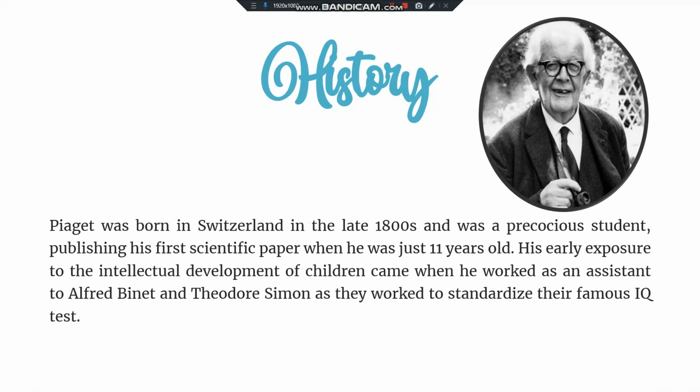His early exposure to the intellectual development of children came when he worked as an assistant to Alfred Binet and Theodore Simon as they worked to standardize their famous IQ test. While he was a young boy, Piaget was fortunate enough to spend time with a 4-year-old named Charles Kanga, perhaps one of the best known of Piaget's famous infant subjects.